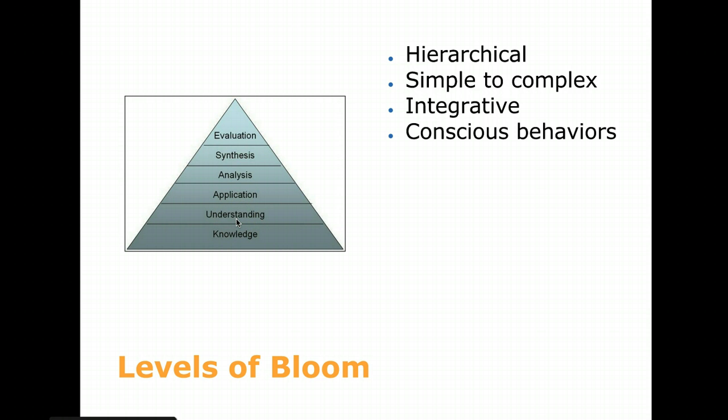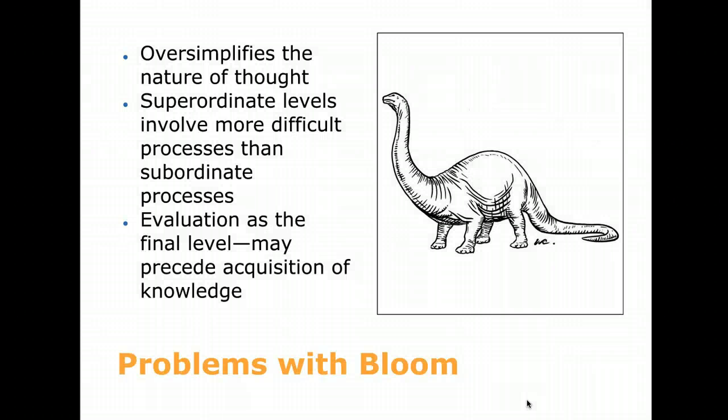There may be different kinds of things going on cognitively in terms of your thinking from one level to another. So it's not just an additive kind of thing where you just get all the knowledge and then you move on to something else. The other thing is this idea of evaluation as the top, the ultimate, is perhaps not necessarily appropriate.